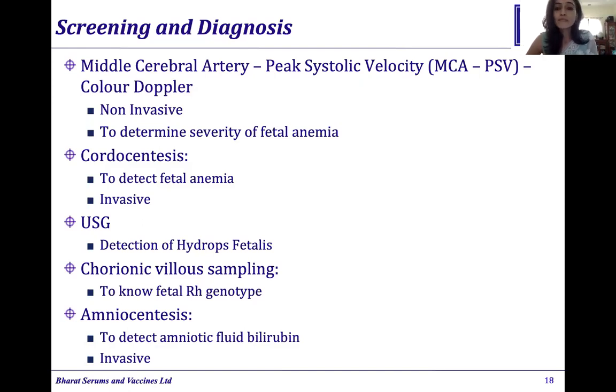So we look at the MCA PSV, peak systolic velocity, and it is non-invasive and correlates very well with the severity of fetal anemia. And then we have cordocentesis, where we are actually contemplating intrauterine fetal transfusions to detect fetal anemia. We do those tests, and then we transfuse at the same time when the fetus has still not reached maturity or salvageability. USG, detection of hydrops fetalis.